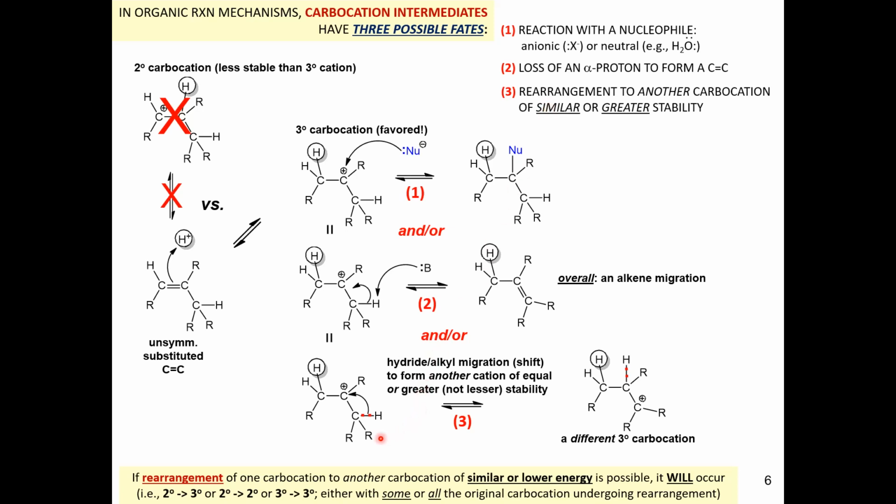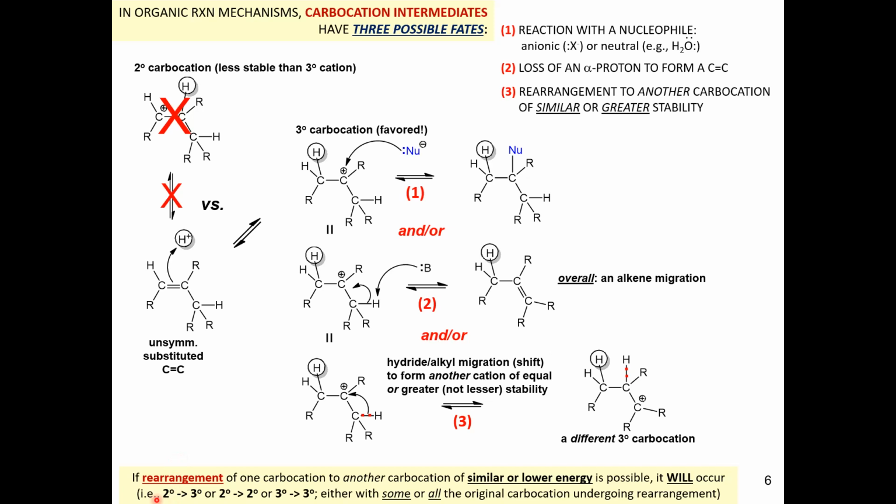In this case here, this hydrogen, along with the pair of electrons highlighted in red, migrates together over to the carbocation, making a new CH bond and generating a different tertiary carbocation. If rearrangement of one carbocation to another carbocation of similar or lower energy is possible, it certainly will occur.